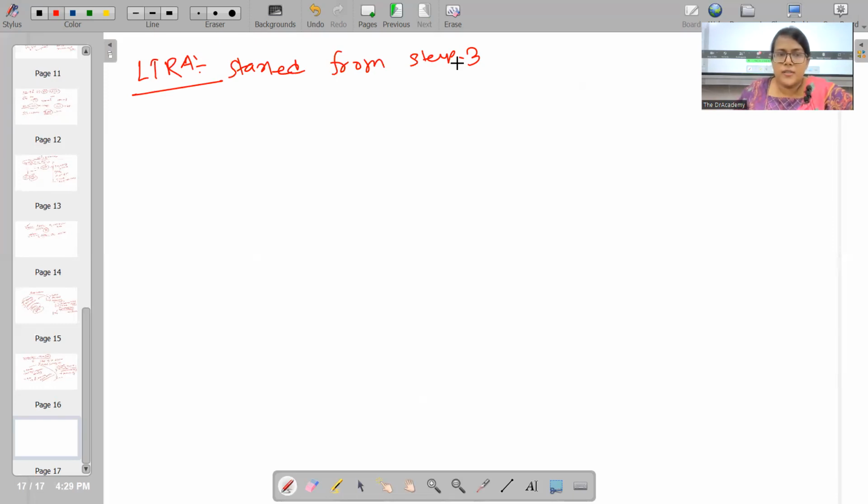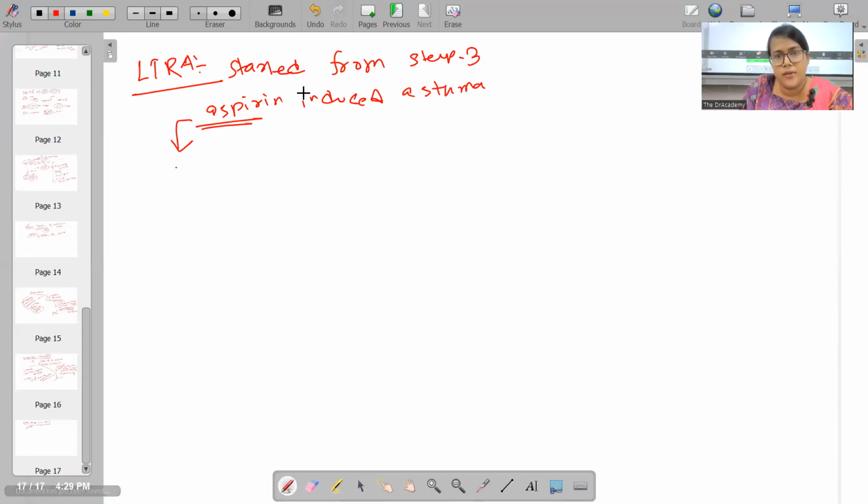Another piece of information is that this is particularly useful in aspirin-induced asthma, because in aspirin-induced asthma, the mediator is leukotriene, which causes bronchospasm. So if the culprit is aspirin-induced asthma, then most benefit will be derived from using the leukotriene receptor antagonist.